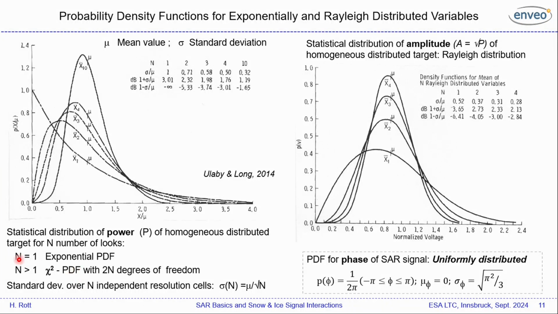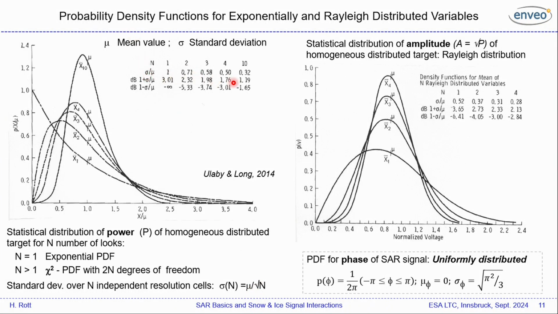And for the number of looks, where look means independent observation elements, resolution cells, we have a chi-square probability density function, and the standard deviation is the mean value over the square root of n.